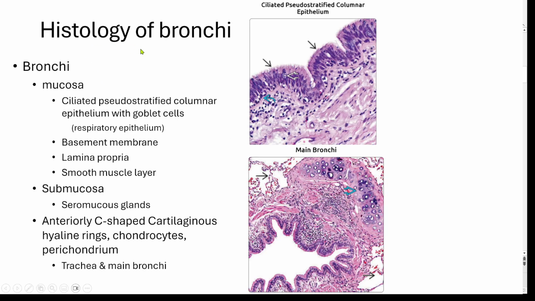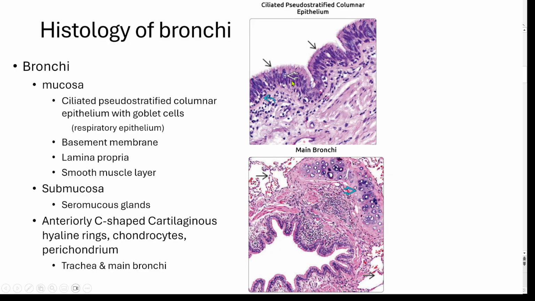The histology of bronchi. For the larger bronchi, we have mucosa and submucosa. For the mucosa, in the larger bronchi we'll see ciliated pseudostratified columnar epithelium with goblet cells, respiratory epithelium in short. It has small cilia that we can see, so it's ciliated.